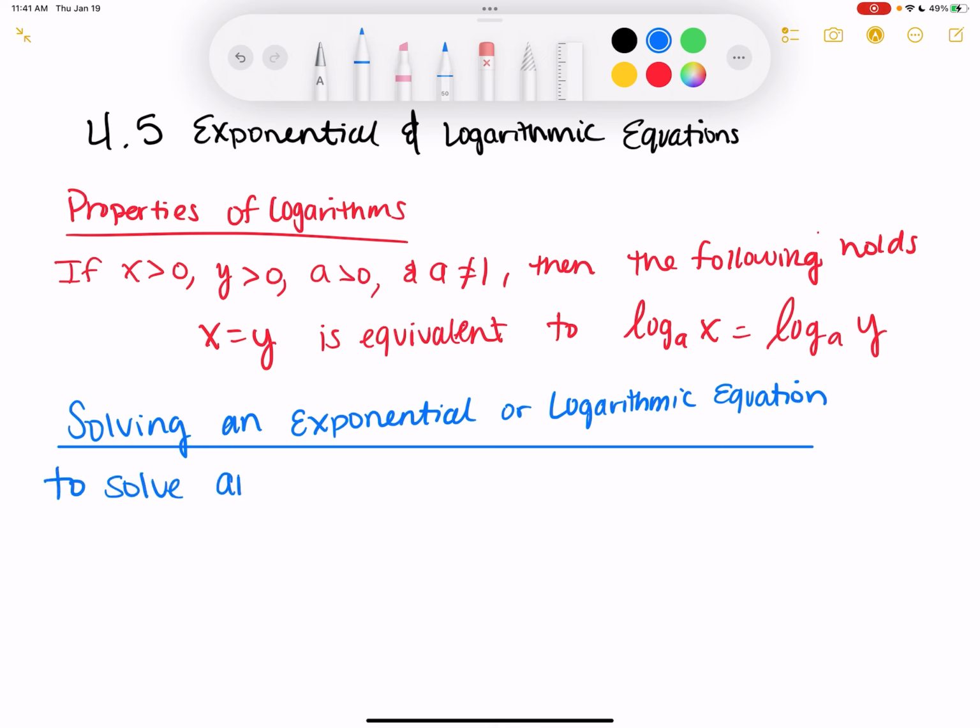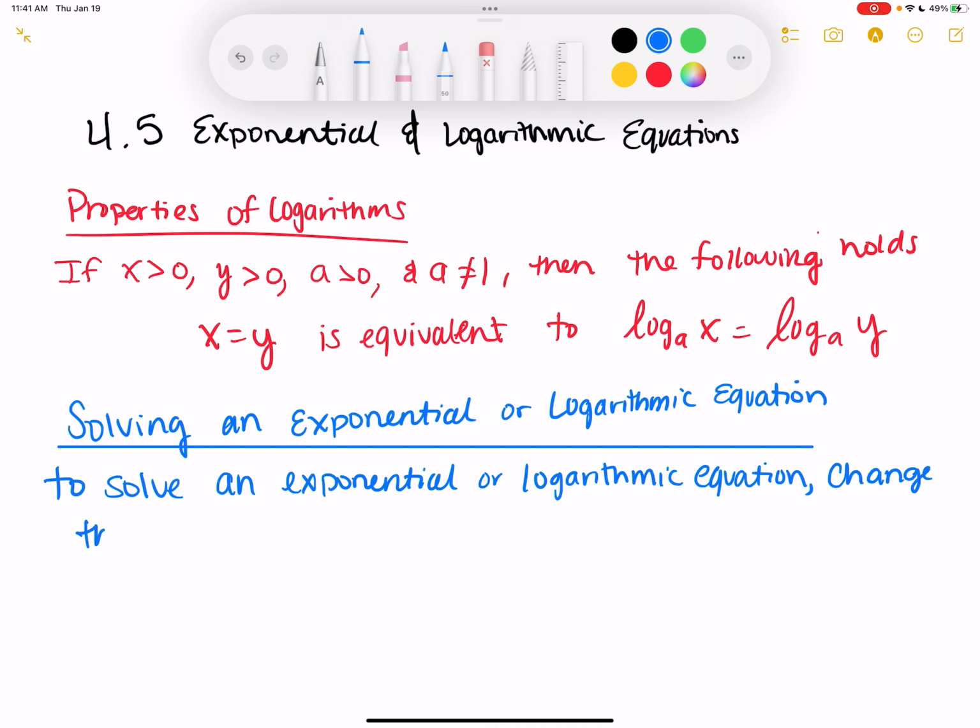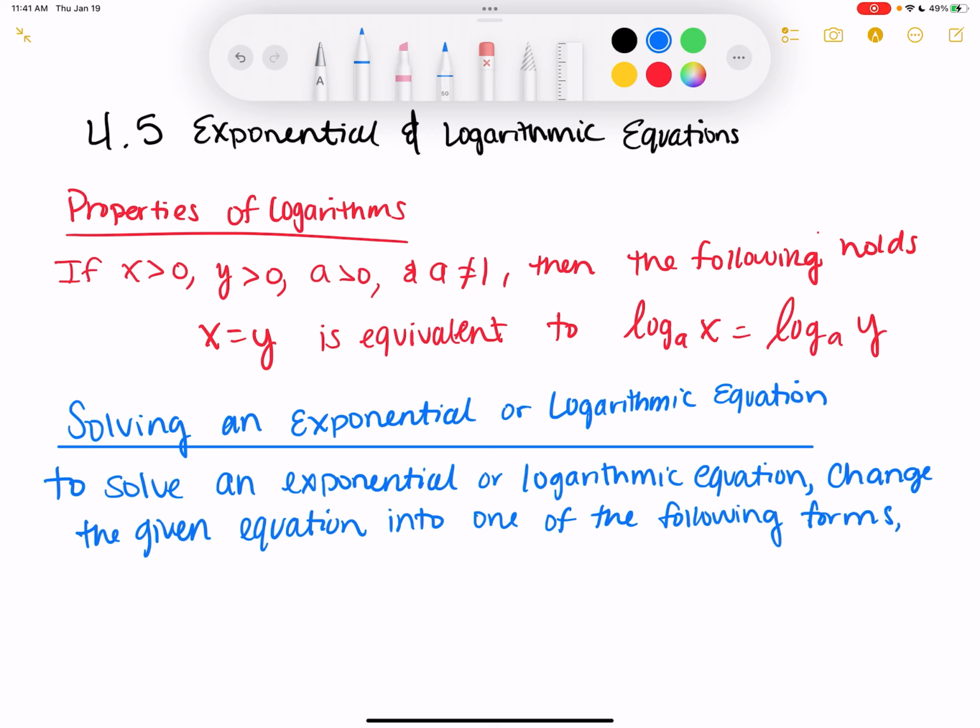To solve an exponential or logarithmic equation, change the given equation into one of the following forms, where a and b are real numbers, a greater than 0 and a not equal to 1.